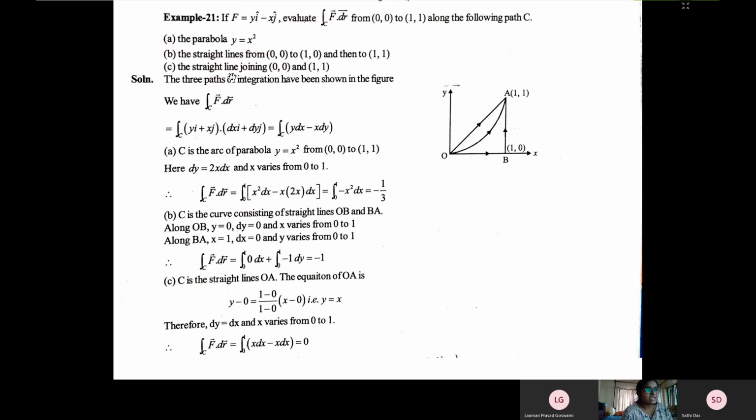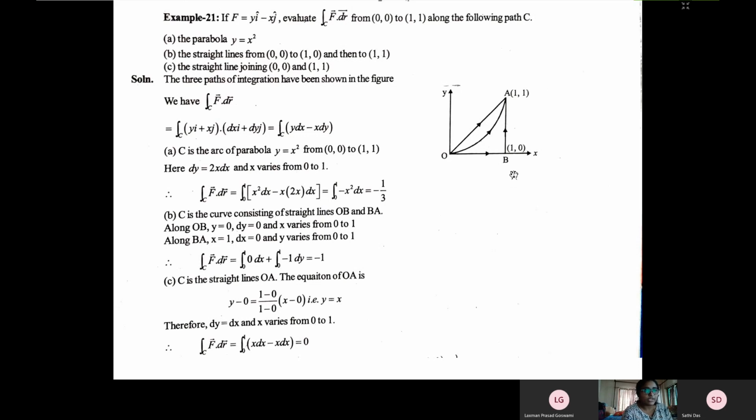So for this case, the straight-line path, first you go from 0 0 to 1 0, then 1 0 to 1 1. Along OB, that is 0 0 to 1 0, the change in y is 0, because you are going along x. So y is 0, dy is 0, and only x varies from 0 to 1.